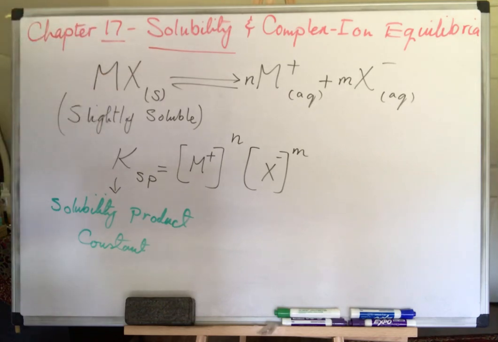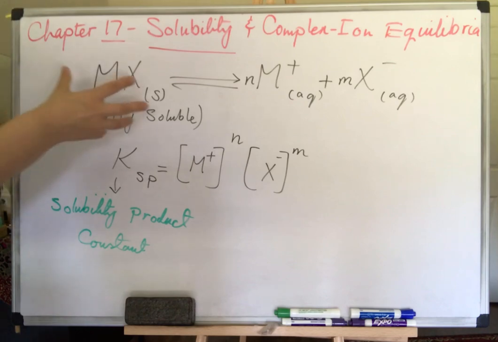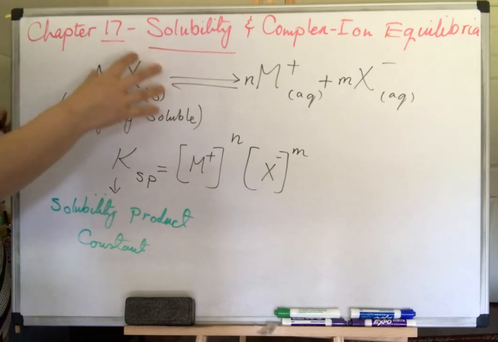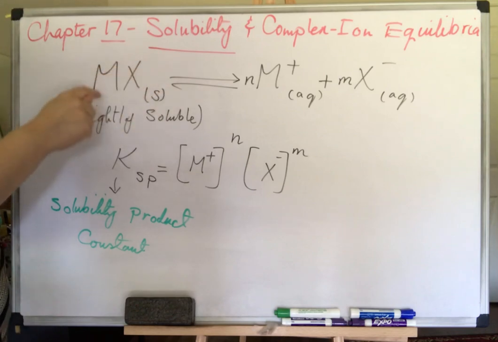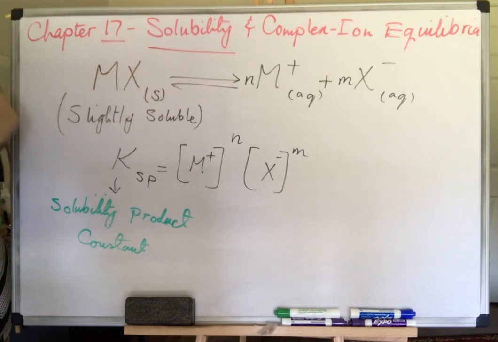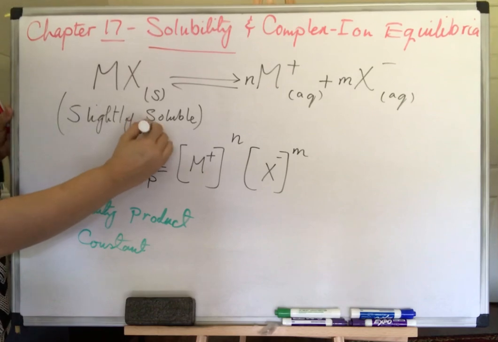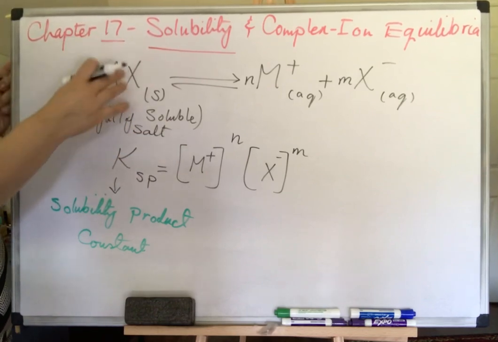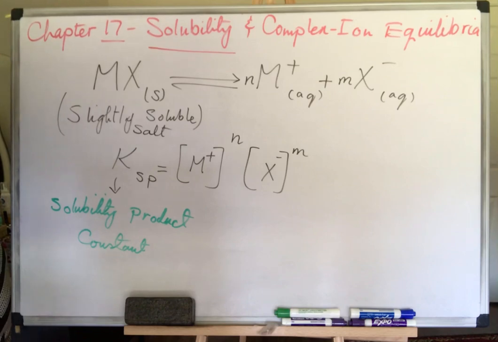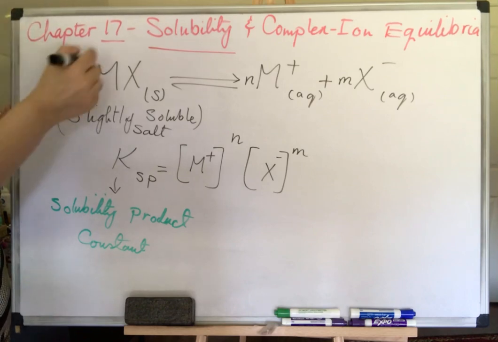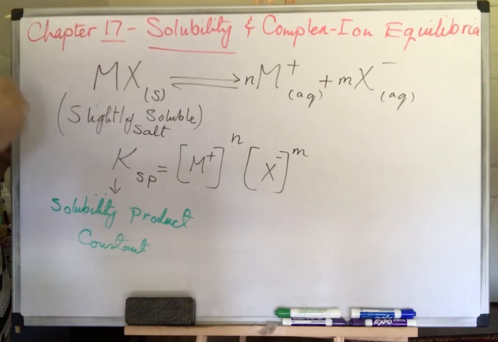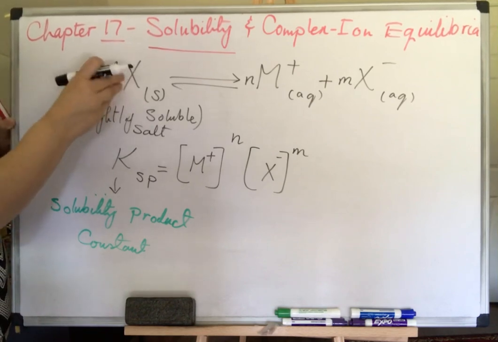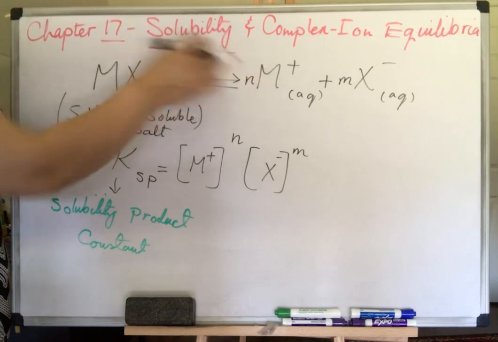It's basically what you learned from equilibrium. And this is an equilibrium that is going to happen in slightly soluble salts or ionic compounds. So MX is the general formula for an ionic compound. For a salt, that's the cation, this is the anion. And it's going to be slightly soluble, not fully soluble.